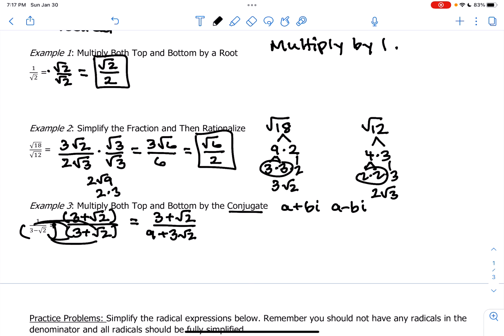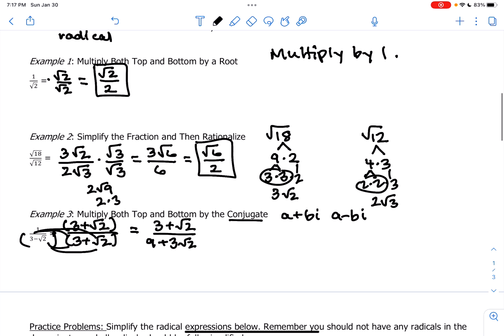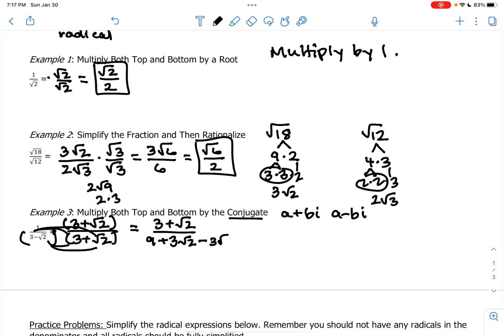And then when I distribute the minus square root of 2 times the 3, that's minus 3 square root of 2. And then minus square root of 2 times square root of 2 is minus square root of 4, which is minus 2. So that denominator is a little tricky.